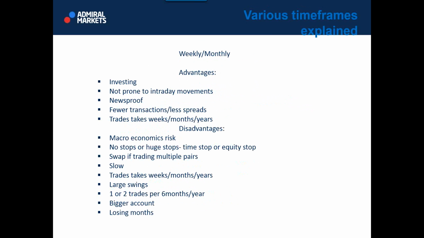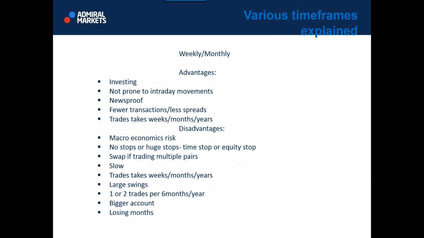They can use only an equity stop. Once their equity drops to, I don't know, 2 or 3%, or 10% or 20%, it depends from trader to trader, they can close the trade manually. Really, using stops on weekly or monthly candles doesn't make sense.